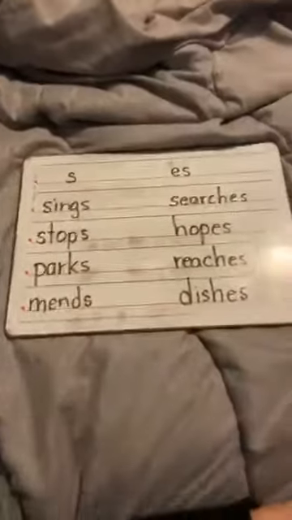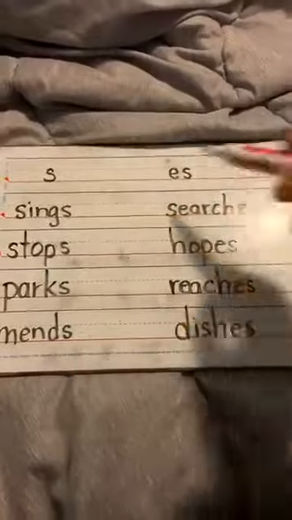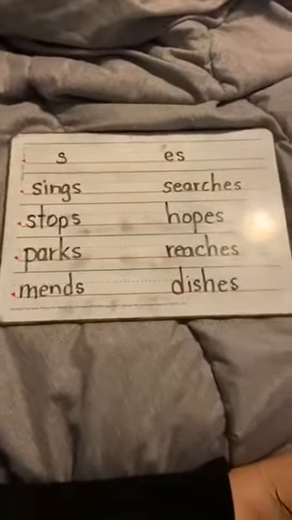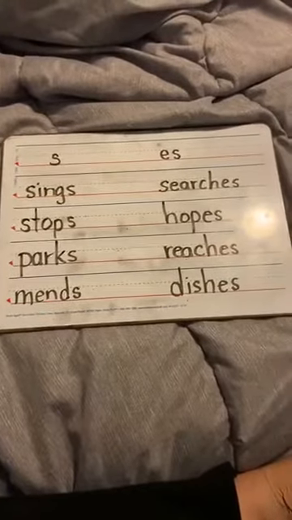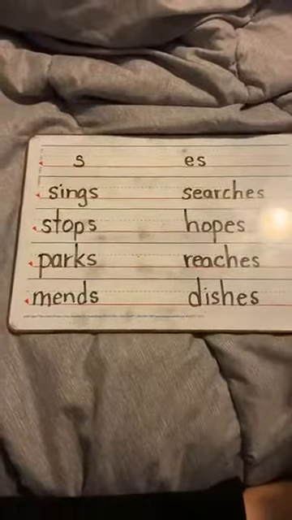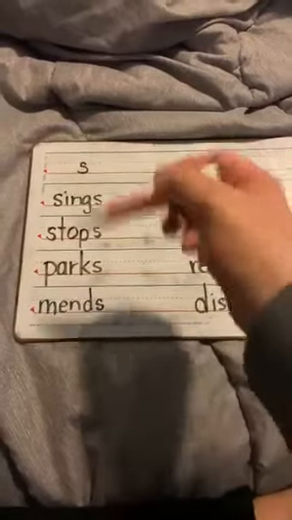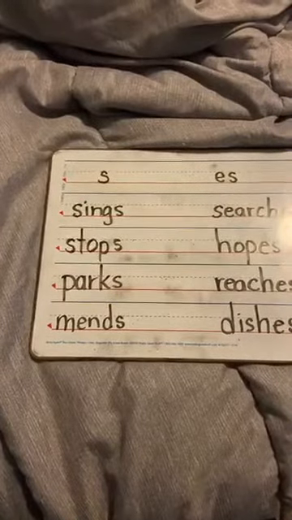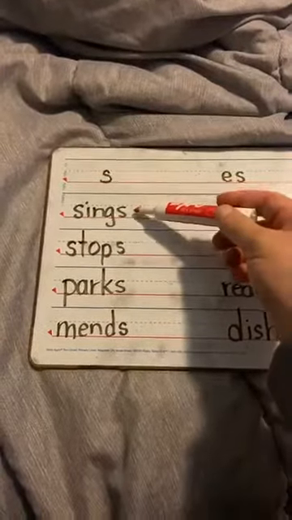So on my board here, I have some words for us. I have two columns here. I have my s column and I have my es column. And I want you to see if you can read all these words. Are you ready? We'll go down the columns. First, we'll start with the ones that end in the suffix s. Here we go. Get ready.